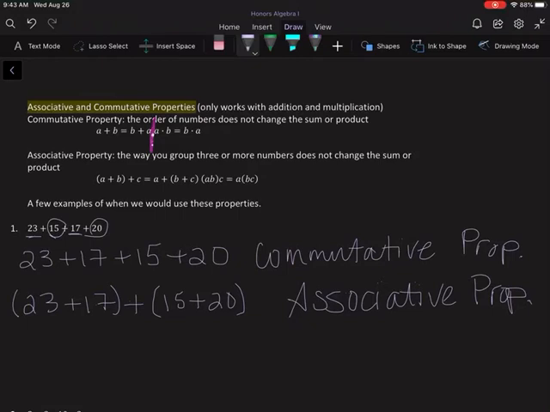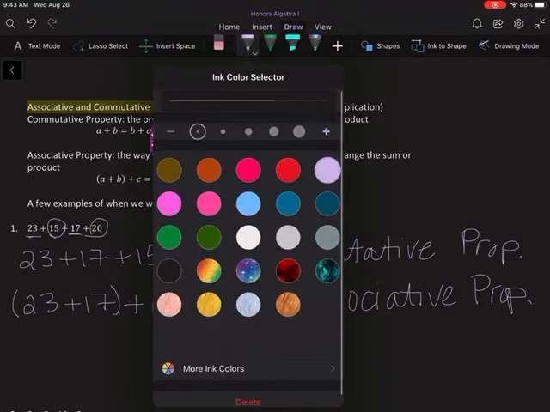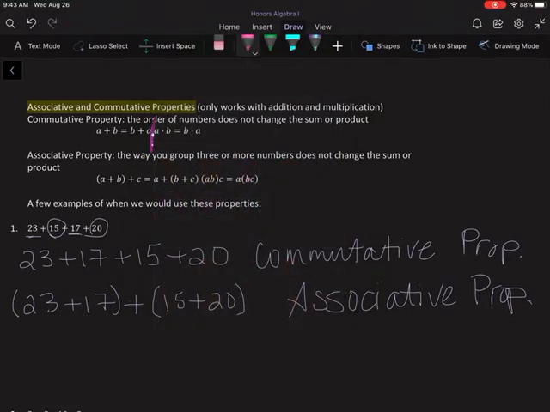And then our last step would be to actually evaluate these, right? Use substitution or evaluate. So I know 23 plus 17 is 40. And 15 plus 20 is 35.